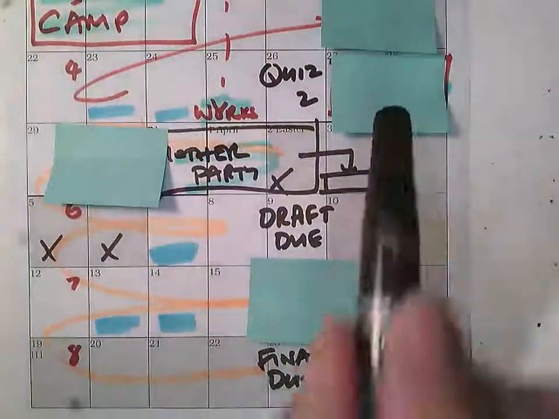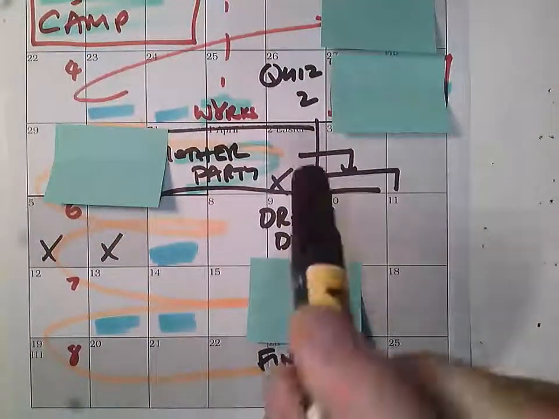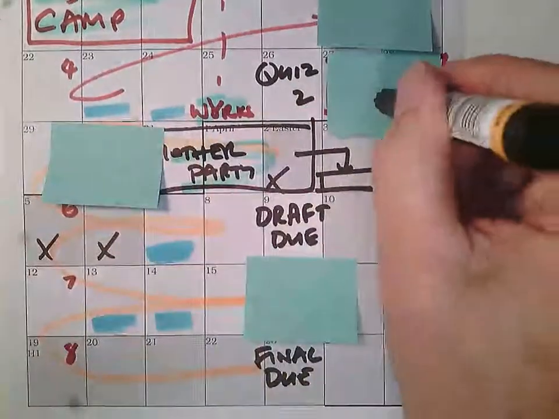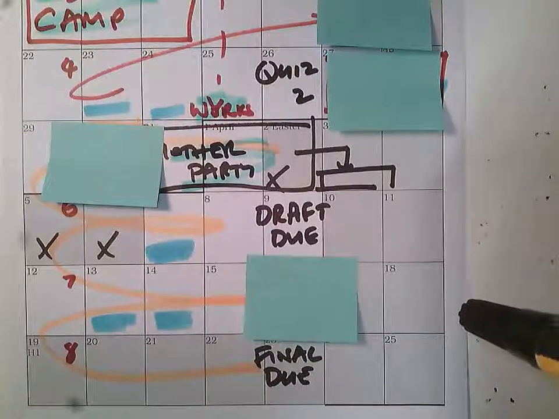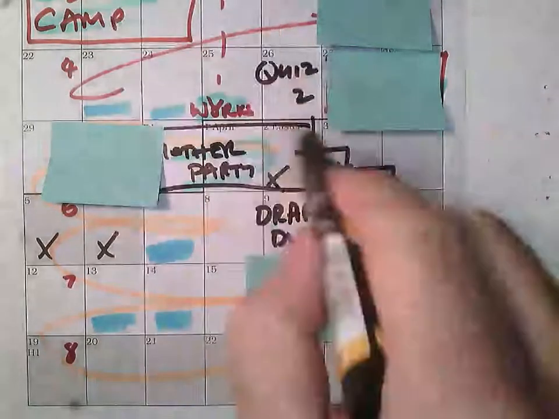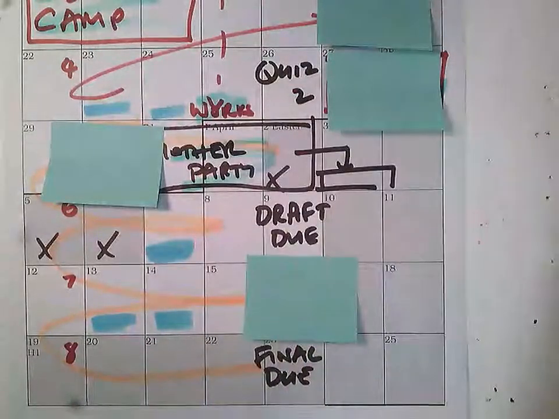Now, this is very important. If you make the effort to corral your work into some particular parts of time, you'll find you're much more relaxed all the rest of the time.